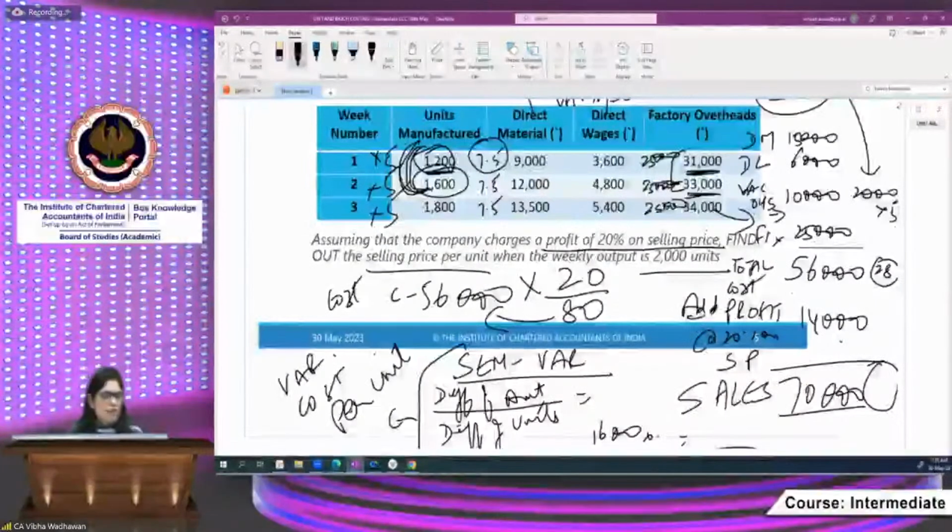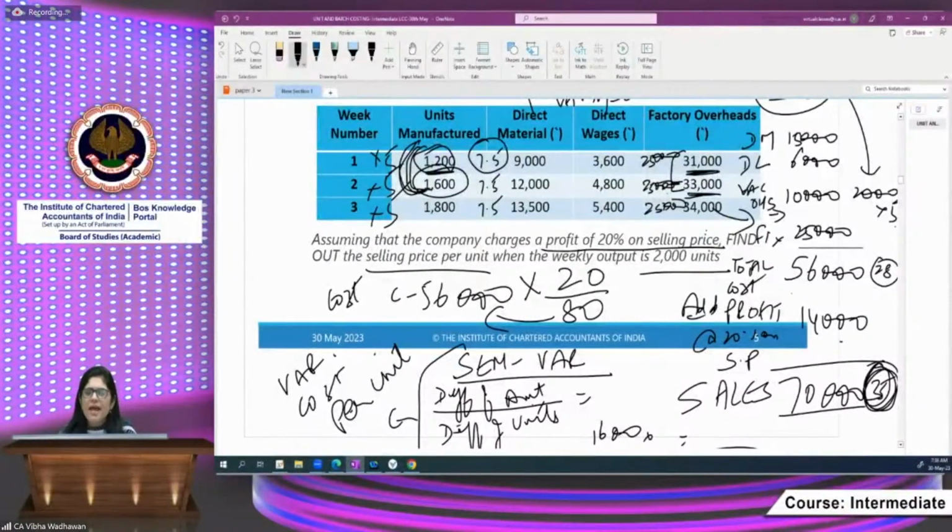Yes. So 25% on cost. All right. So selling price per unit is 35 and that is your answer. So you have to calculate the selling price per unit, which comes to 35 per unit. All right. How did we calculate the profit? We have calculated the profit on cost.